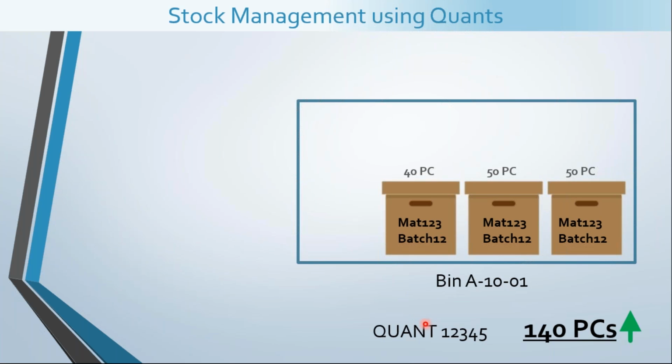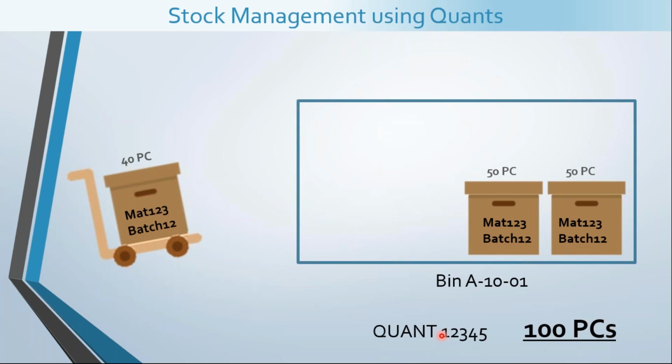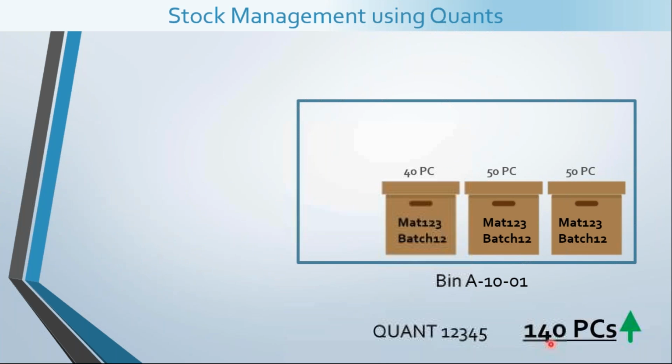What it does is it doesn't create a new quant, because as we discussed in the previous slide, if the characteristics of a particular set of material are exactly the same, we cannot create multiple quants. The quant has to be the same. So the quant doesn't change, system doesn't create a new quant. What it does is it increases the quantity belonging to this quant. So in the previous slide we had 100 pieces, but now this quant has 140 pieces.